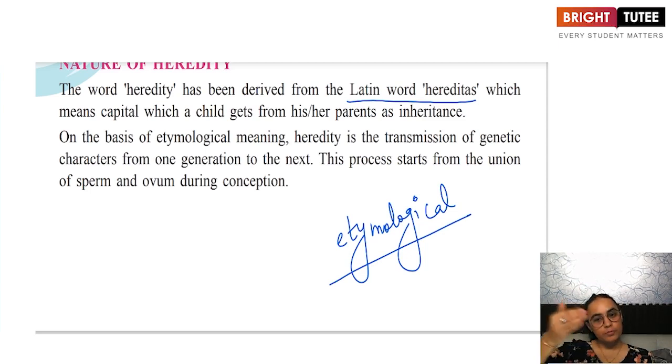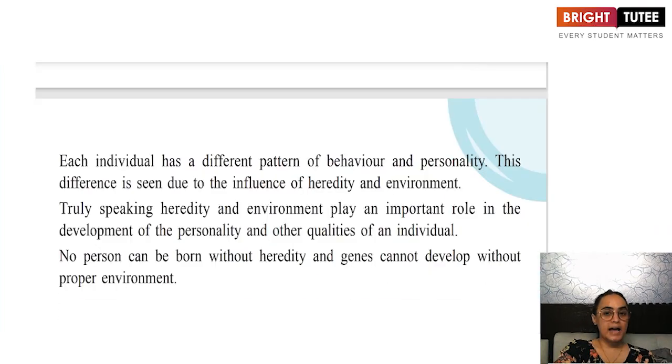So, the movement of genes from one generation to the other refers to heredity. This process begins from the mating process, that is when the ovum of the female meets the sperm of the male during conception. And the process of heredity, that is the formation and transmission of genes, begins from that stage onwards.